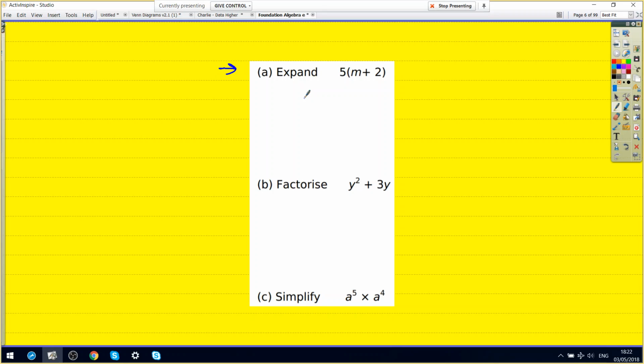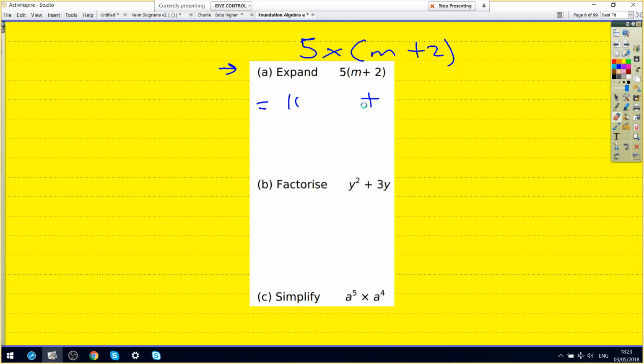Would it be 7M? Or you can't add those together. So what this means is 5 times both m and 2. So that's just short for 5 times m and 2. Both m and 2, not just one of them. It'd be 10m plus 2.